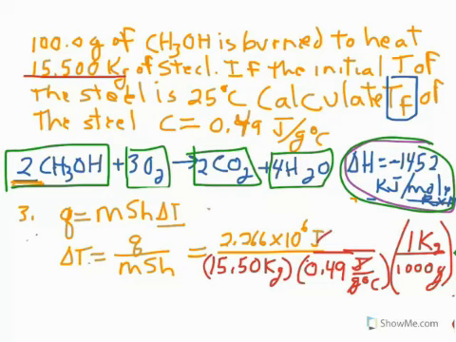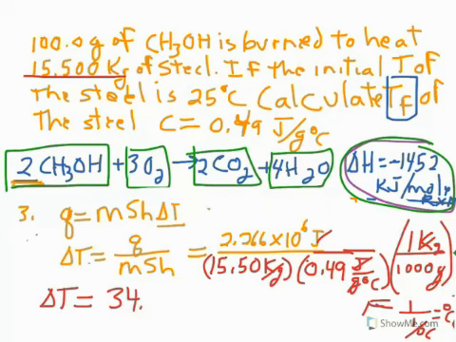I end up with, right here, 1 over degree C, which is equal to degree C. So my answer should be good. Let's see what we get. When I do that whole thing, I get a delta T equal to 34.94 degrees Celsius. Okay, so I finally got the delta T.